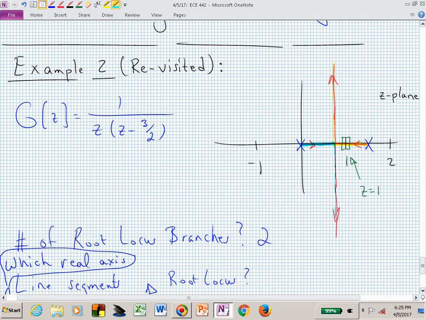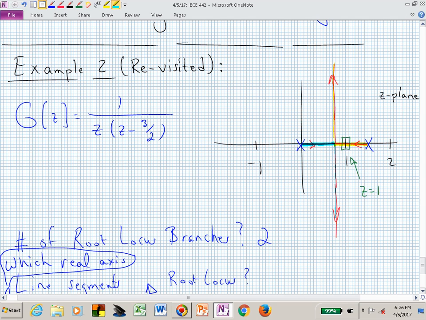But those now, yellow and blue, are the two branches of the root locus. And now what we're concerned with is how do we determine the stability bounds as we adjust K, if this G of Z is now in a closed loop configuration with K in the forward branch.